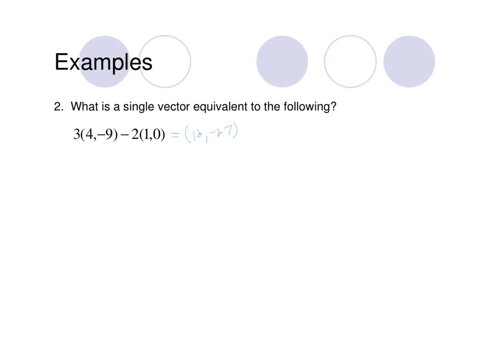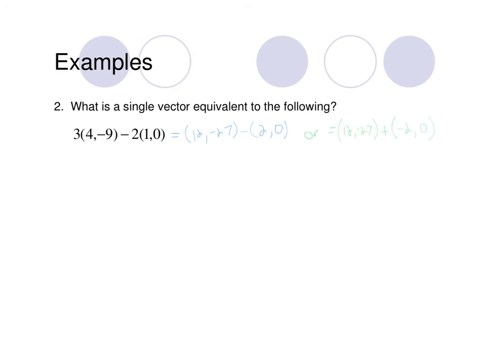Now it is negative 2, and there's two ways you could approach it. You could either say, well, we're still going to subtract and multiply each of those coordinates by 2, or you could say it's equal to, again, the 12, negative 27, but this time instead of multiplying the second vector by the scalar 2, we're going to multiply it by negative 2, which means it's going to change to addition here.